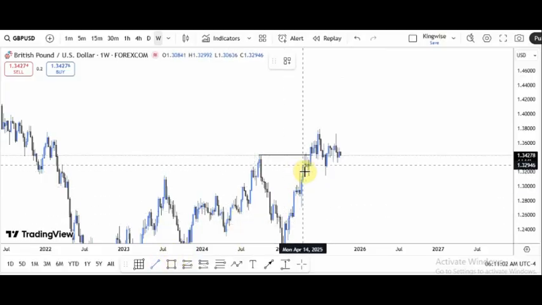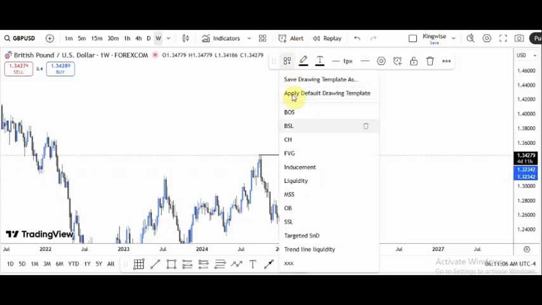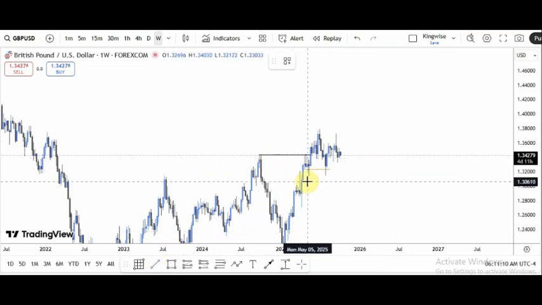Price is reacting from this fair value gap here.